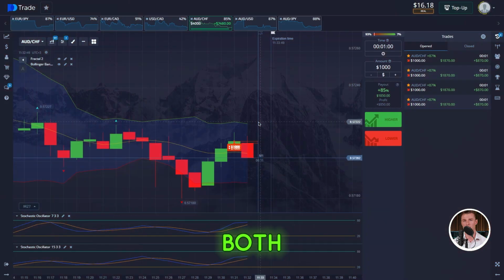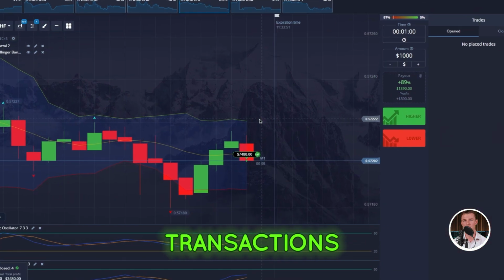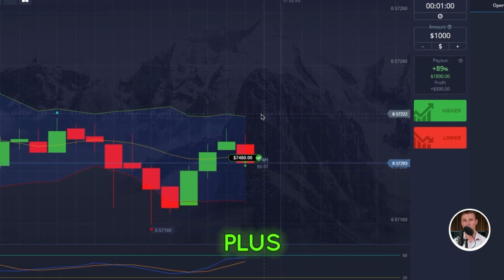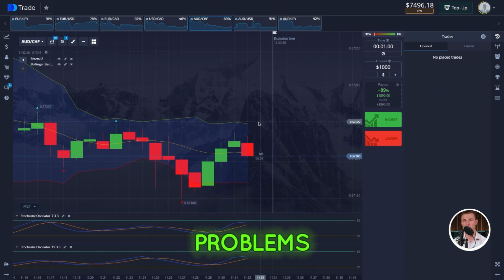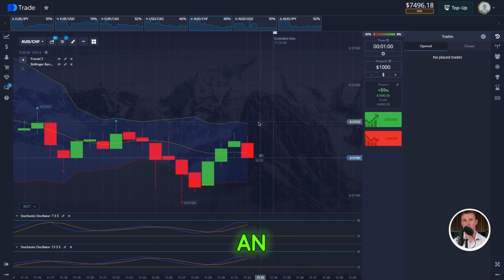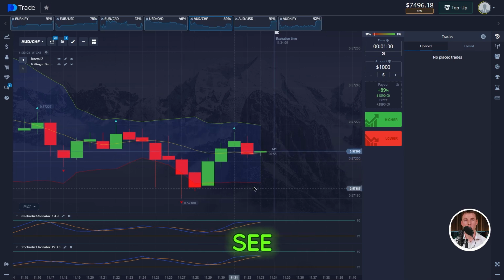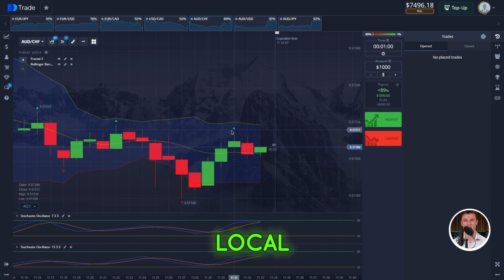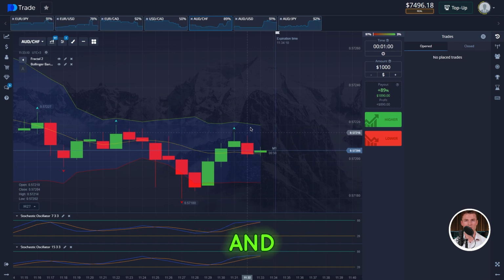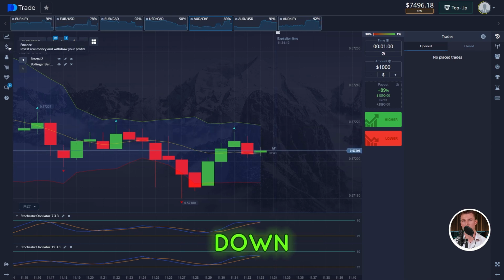In our case, both the next and final transactions are closed again as a plus without any problems. Here, yes, I agree, there was an intersection of the moving averages, but in general, this is the same principle of entry as you see. The local maximum has been updated and the dynamics of movement has gone down.